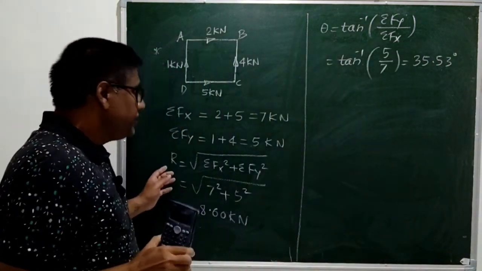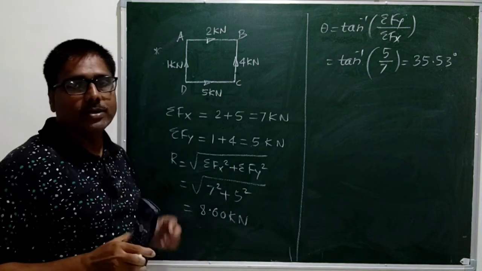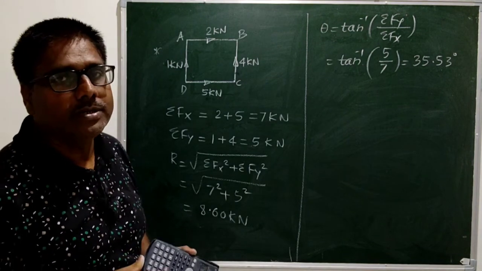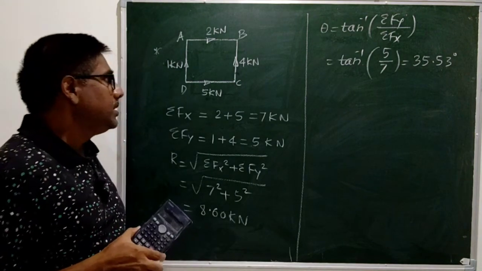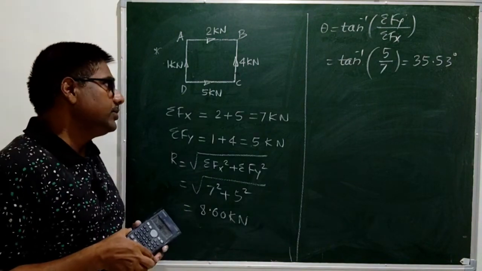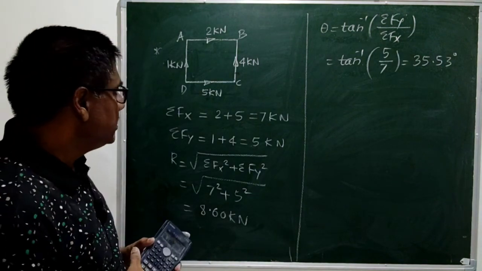After getting the magnitude and direction of the resultant, we have to find the location of the resultant. For that we need to apply Varignon's theorem of moments. What is Varignon's theorem of moments? The algebraic sum of moments of all the forces about any point is equal to the moment of their resultant.